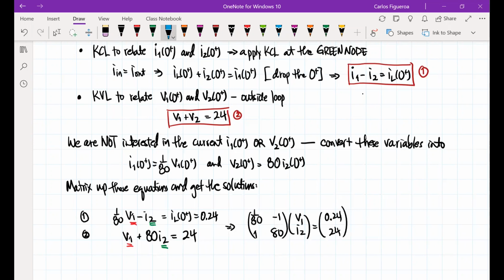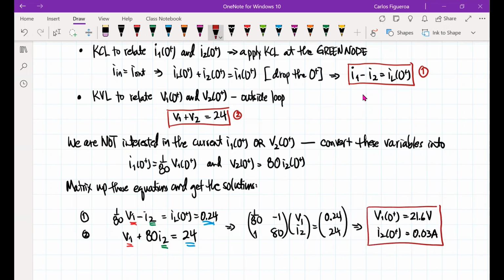And here are my constants right there. So now I have a matrix. This tells me that my solution is V1 of 0 plus is going to be 21.6 volts. And then I2 of 0 plus is going to be 0.03 amps. And that's what I get out of these.